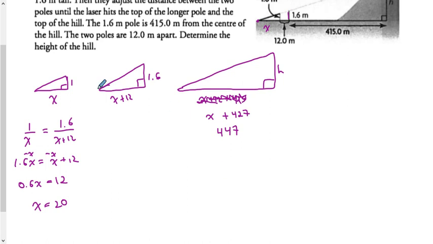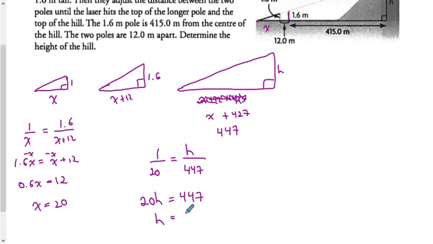And now I can compare my first triangle to my last triangle, my smallest one to my biggest one. Let's do that. So we're going to say 1 over, we know x is 20, so 1 over 20 is going to compare to h, our unknown, over 447. So let's solve that. Cross multiply, 20 times h equals 1 times 447, so that's just 447.